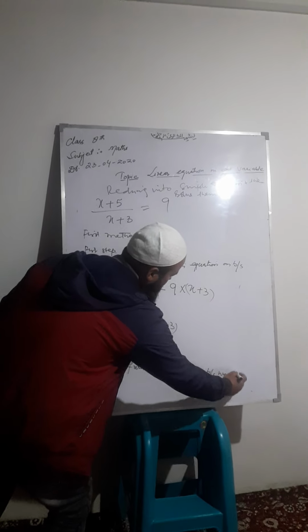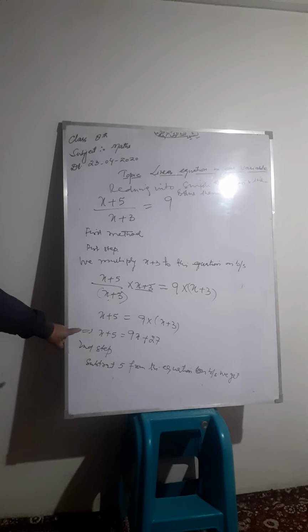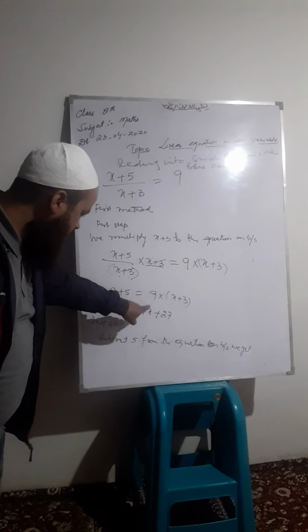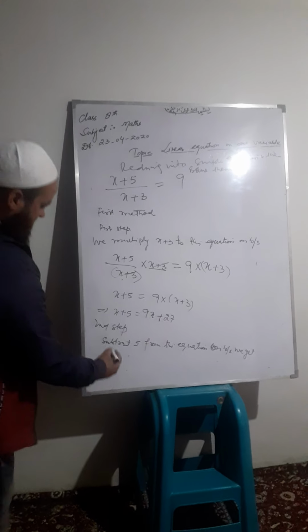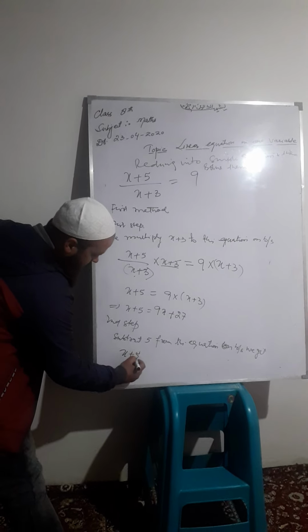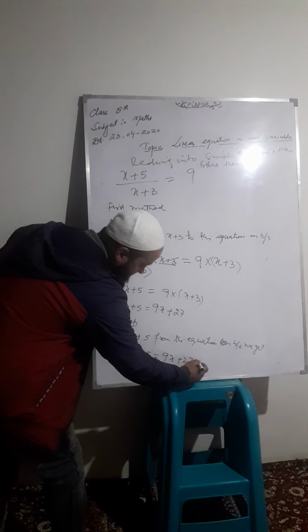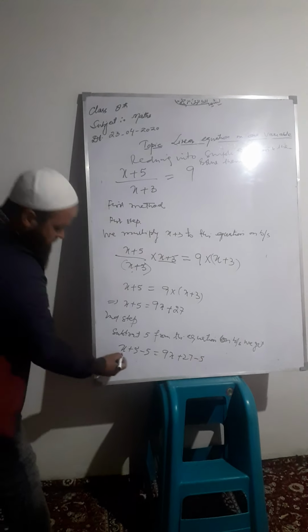We will subtract 5 from the left side as well as from the right side. That is x plus 5 minus 5 is equal to 9x plus 27 minus 5. What will we get? Plus 5 and minus 5 will be cancelled. Here remains x is equal to 9x plus 27 minus 5. 27 minus 5 is equal to 22.